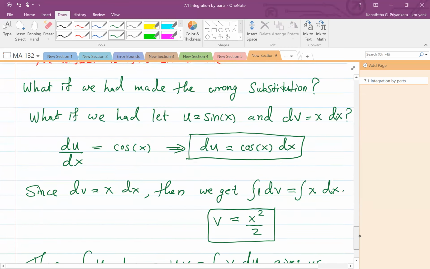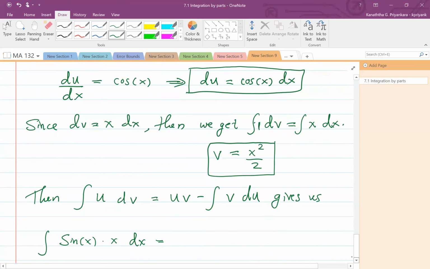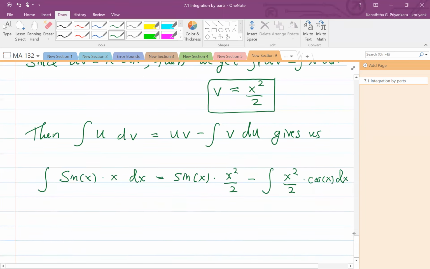Equals u is sine x, times v, that is x squared over 2, minus the integral of v, which is x squared over 2, times du, that is cosine x dx. So I can bring this x to the front. So we have x sine x dx. So that is the original problem we are given.